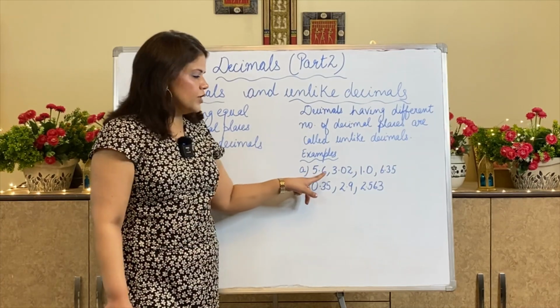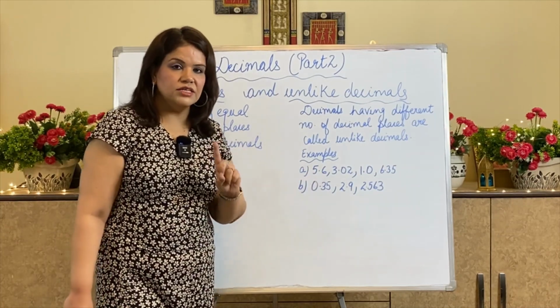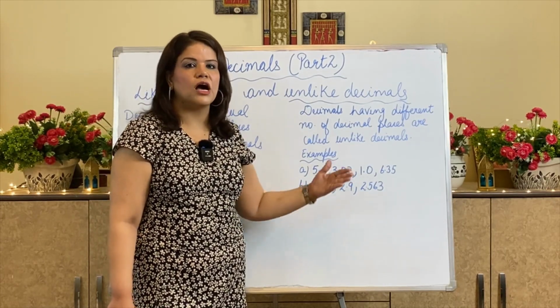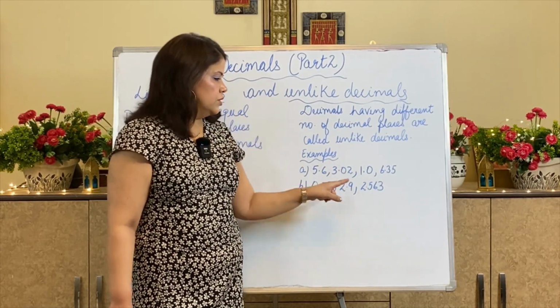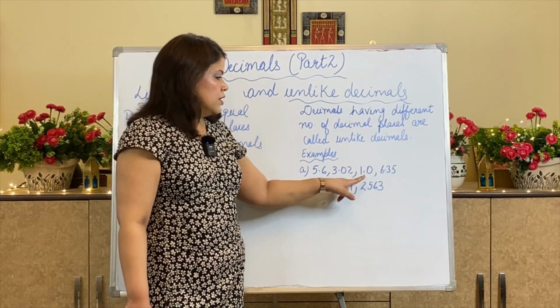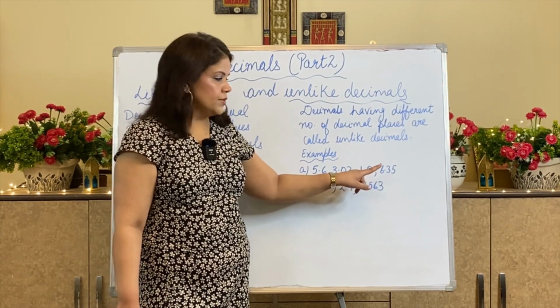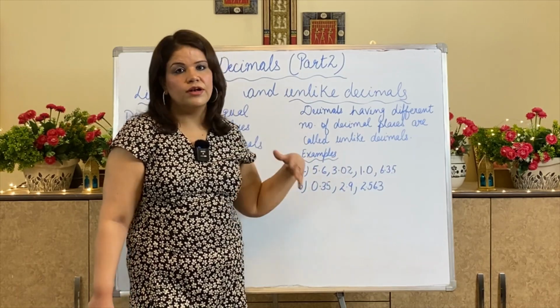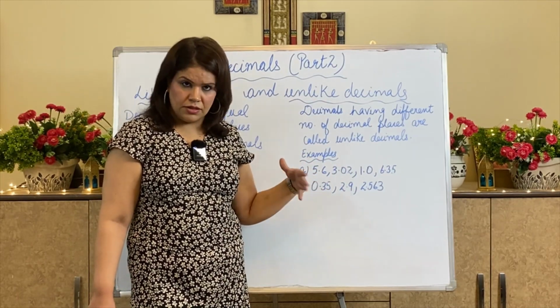Example, 5.6. How many digits after the decimal? 1. 3.02. How many digits after the decimal? 2, 0 and 2. 1.0. 6.35. So these are all different numbers of decimal places. Understood?